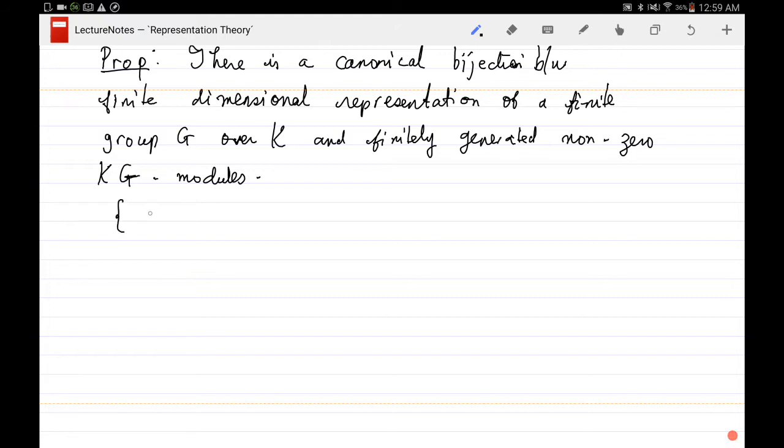We had some basis vectors, Vg1, Vg2, all the way to Vgn, indexed by elements in the group, and this was a vector space over some field K.